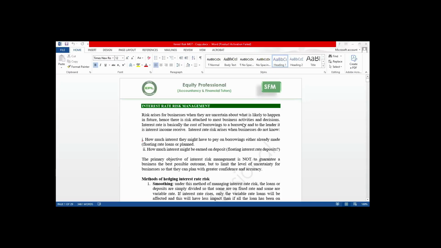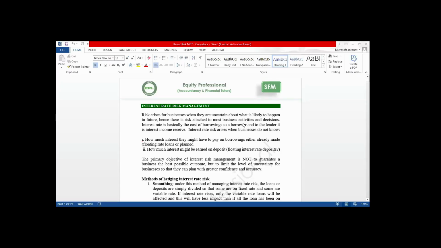When you borrow at a floating rate, the interest payments you are going to make yearly, you are not sure, because the rate is not fixed. Because this rate is subject to fluctuation, that creates risk.